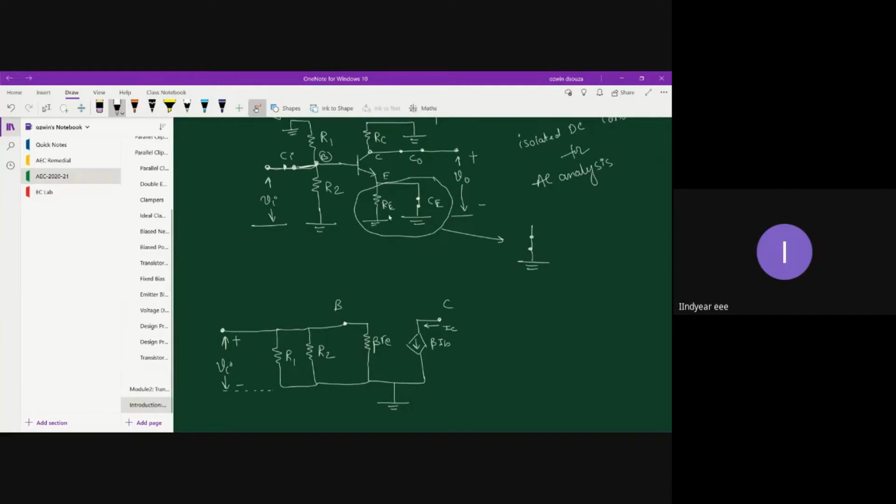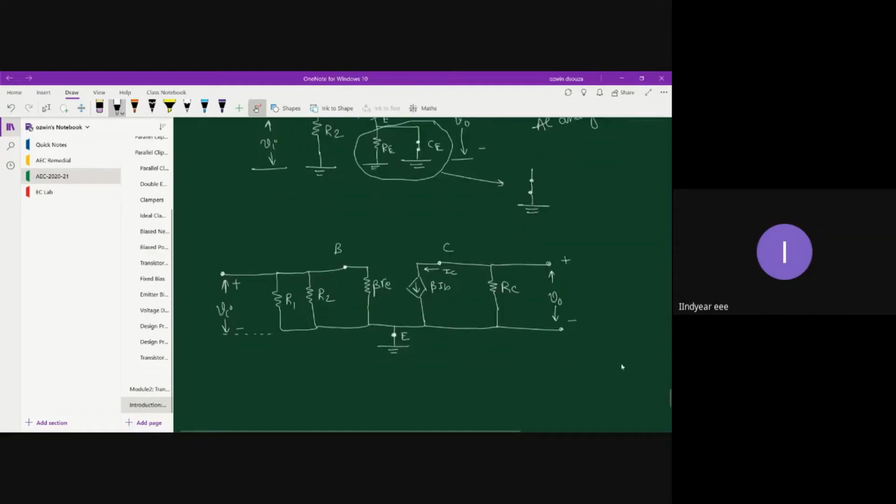As you know, there is no emitter resistor, so this emitter terminal can rest at ground potential directly. On the collector side, we have RC, so let's connect RC, and the other end of RC is grounded. The output voltage is observed across these two nodes, minus and plus. That's it. That's your RE model.